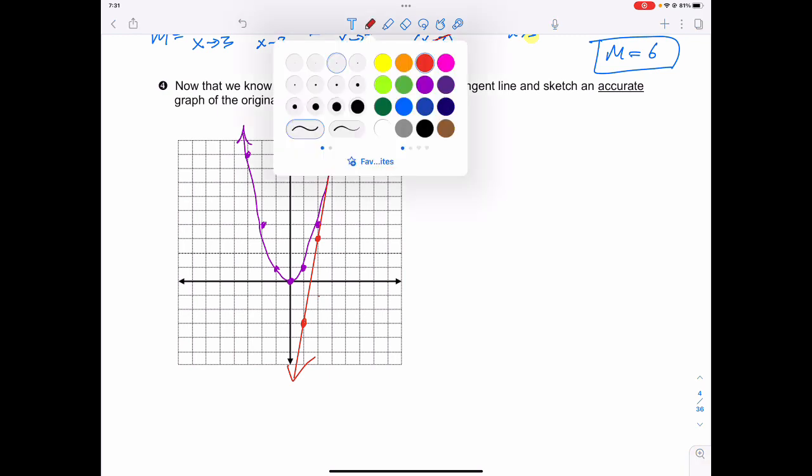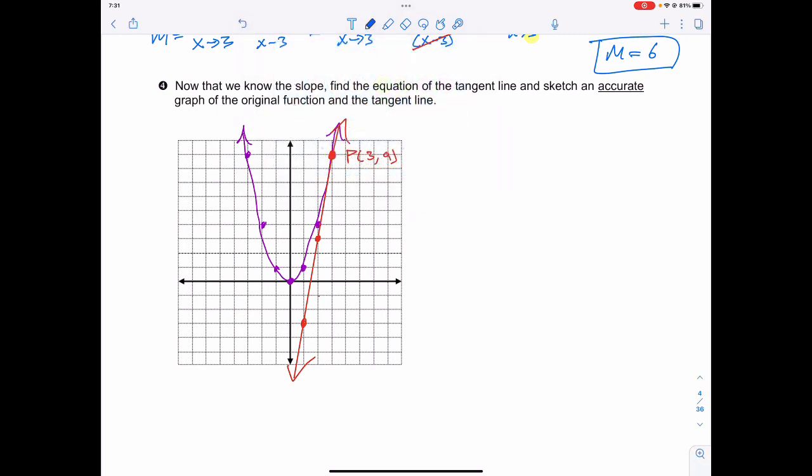Now that I know what my line looks like, I can use my slope, I can use my point, and I can use my slope point form to create the equation of the tangent line. I'm going to say that if my point is 3 and 9, and my slope is 6, there's my x, there's my y.